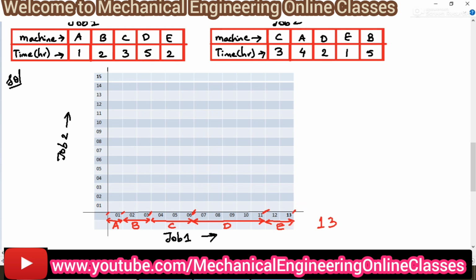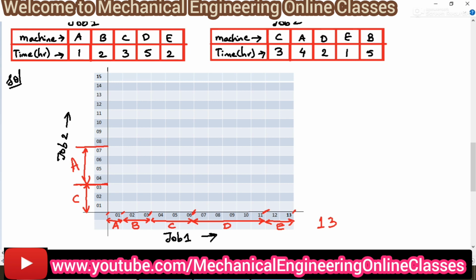In a similar fashion, let us mark all the machines with their time scale on the y-axis along the job 2 axis. Job 2 will first go to machine C for the first 3 hours. Then after these 3 hours have elapsed, it will be with machine A for the next 4 hours. So 4 hours from this particular point is 3 plus 4, which is 7.